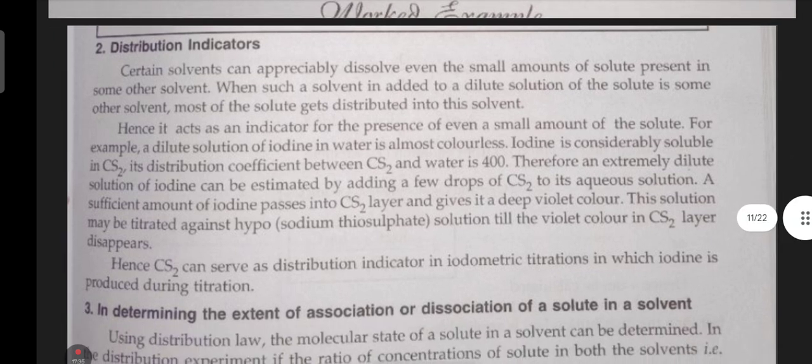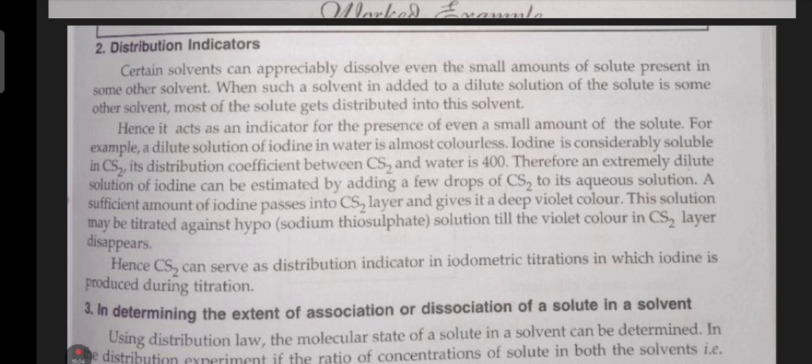Second one is the distribution indicator. Certain solvents can appreciably dissolve even a small amount of solute present in some other solvent. When such a solvent is added to a dilute solution of the solute in some other solvent, most of the solute gets distributed into this solvent.